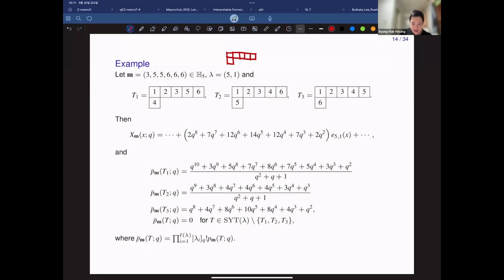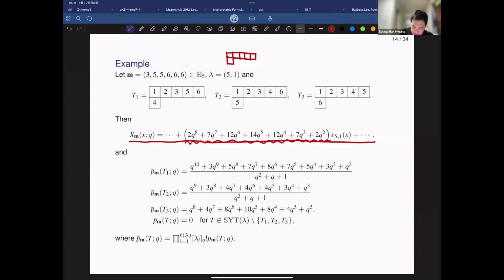Then you can find this expression using your computer or by hand, and the coefficient of e lambda is equal to these polynomials.